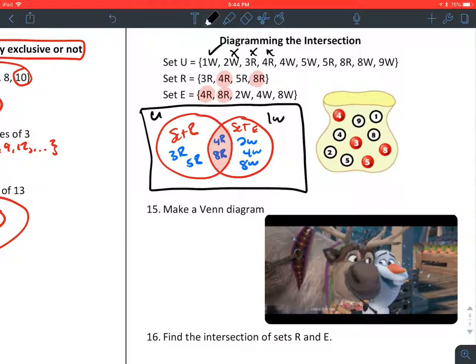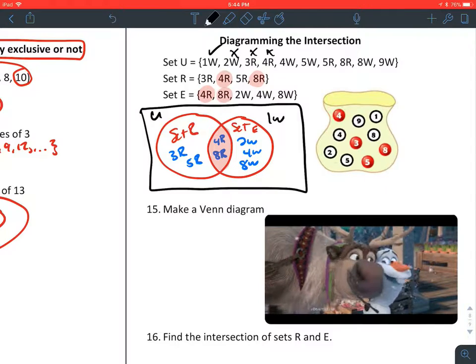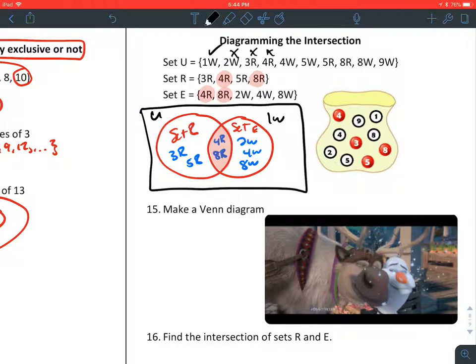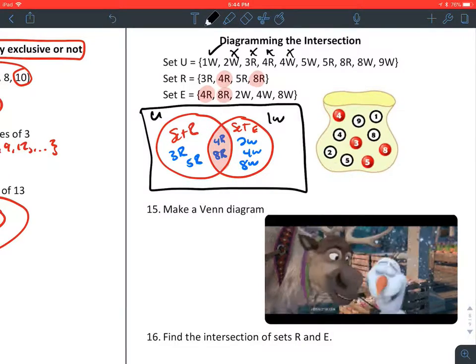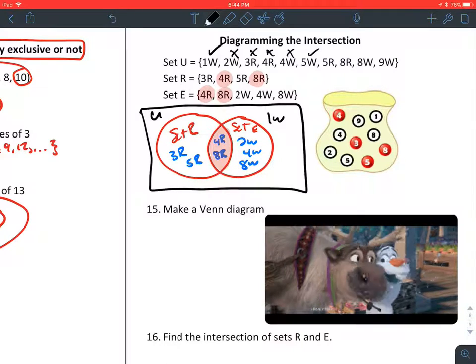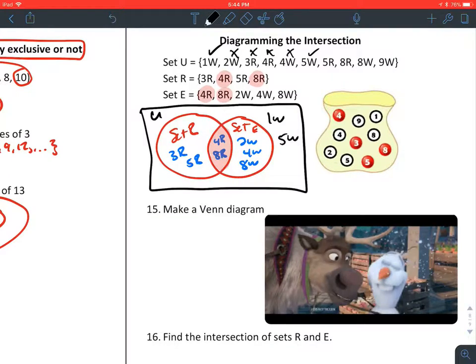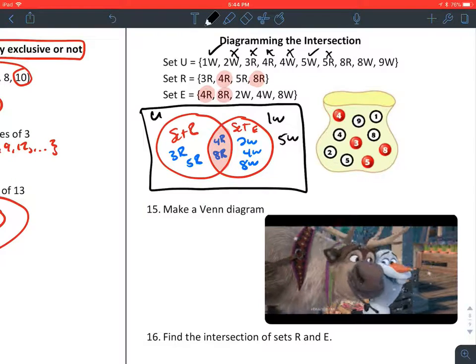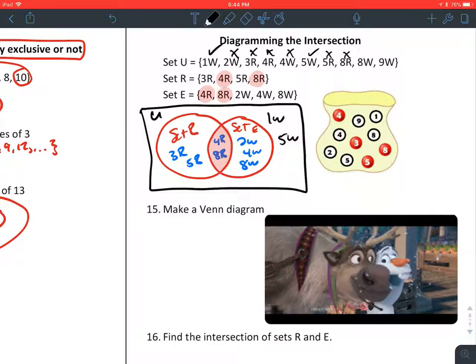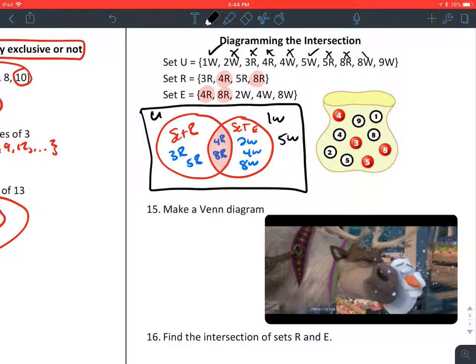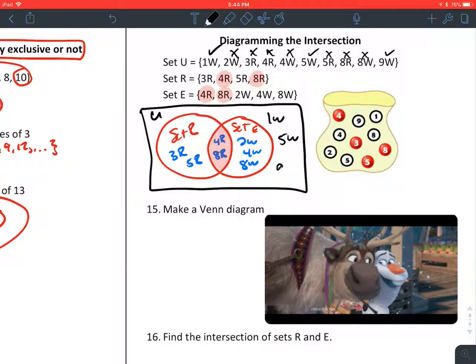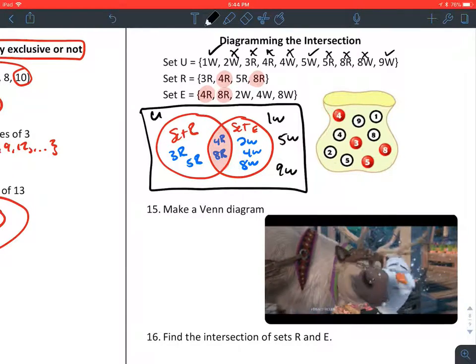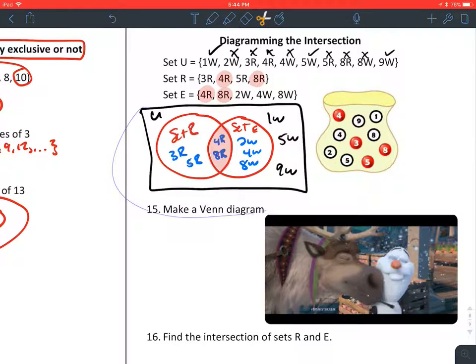I don't know why I'm using checks and X's. It's not logical, but 4W has already been used. 5W has not. Let's put that in. 5R has been used. 8R has been used. 8W has been used. 9W hasn't. This is a Venn diagram.